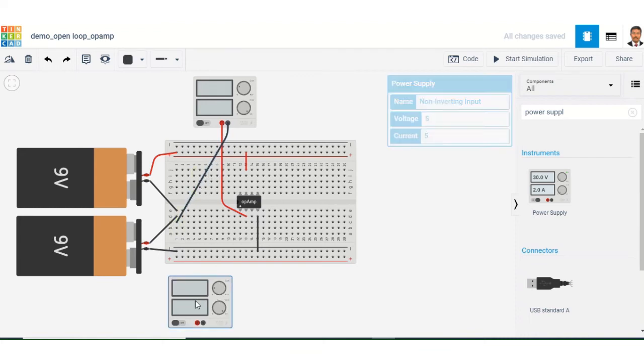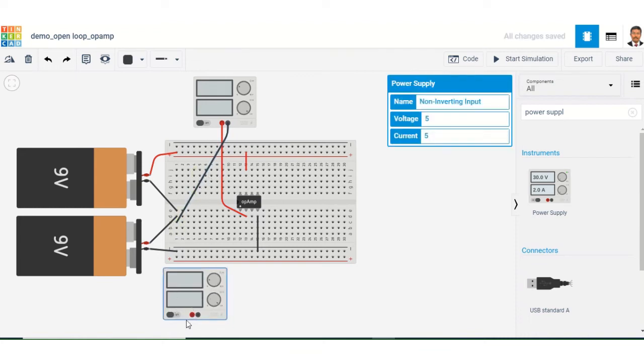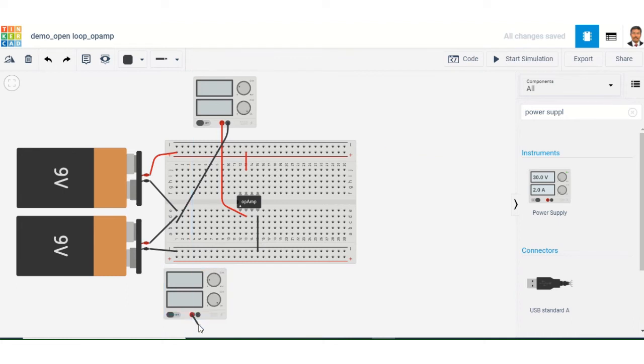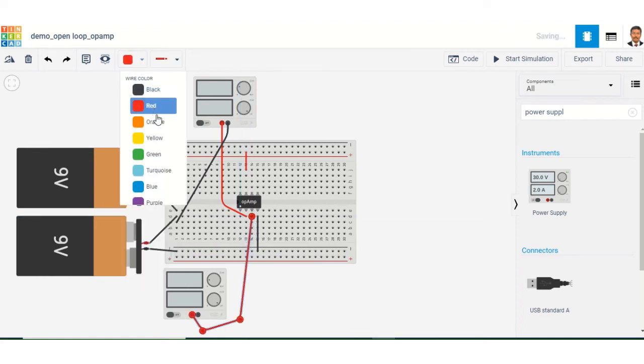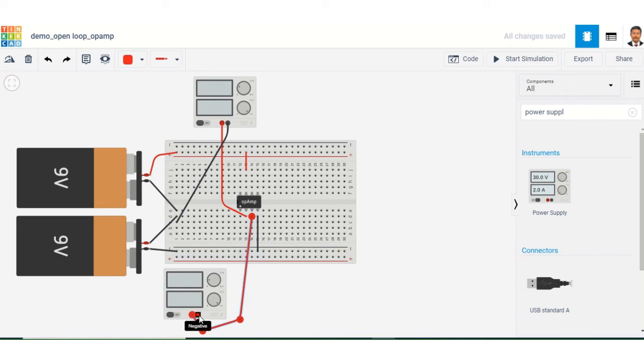Similarly here also we are going to give the input to the non-inverting terminal, and another terminal of the input should go to the common.